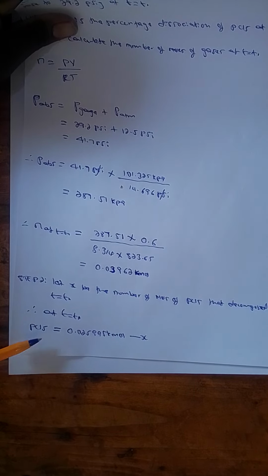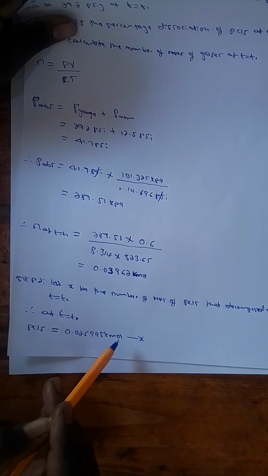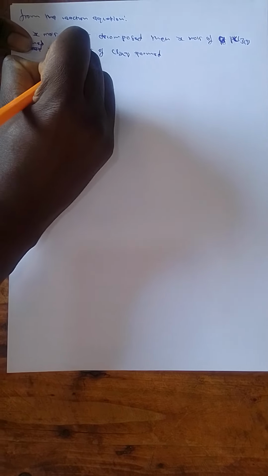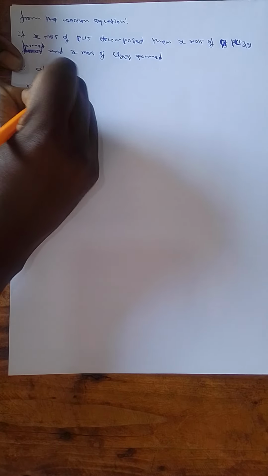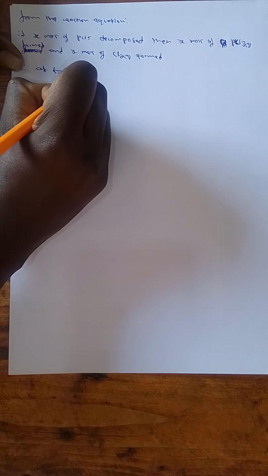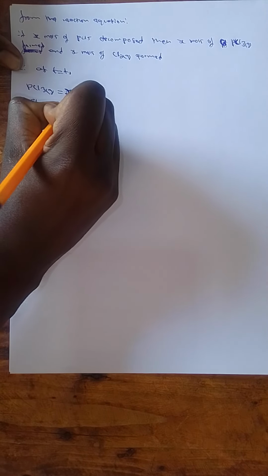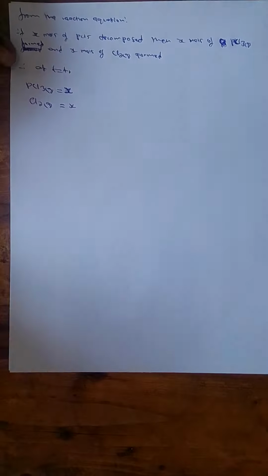So we've already calculated here that at T equals T1, PCl5 is equal to the total minus the X that decomposed. And therefore, at T equals T1, PCl3 is equal to X, and Cl2 is equal to X. So that is the point.